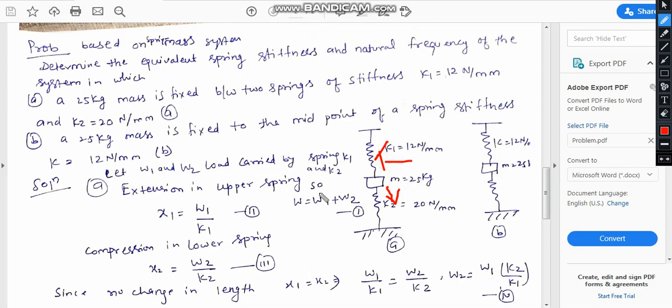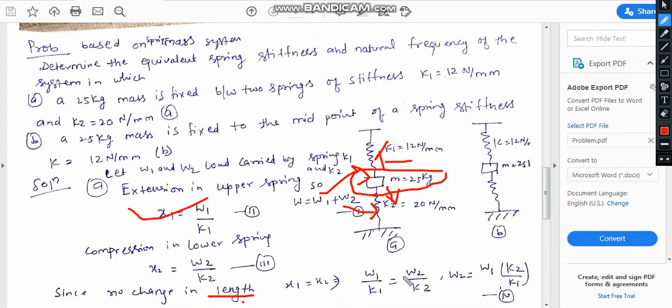Let's suppose W1 is for this load and W2 is for this, so the total load remains W = W1 + W2. The extension X1 is W1 by K1 and the compression is W2 by K2. Since this same load is distributed in the K1 spring as well as the K2 spring, the extension or compression should be equal, because there is no change in length.